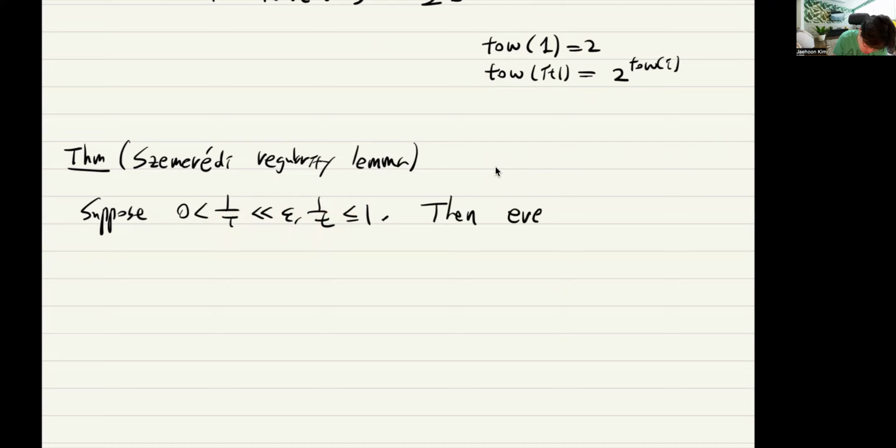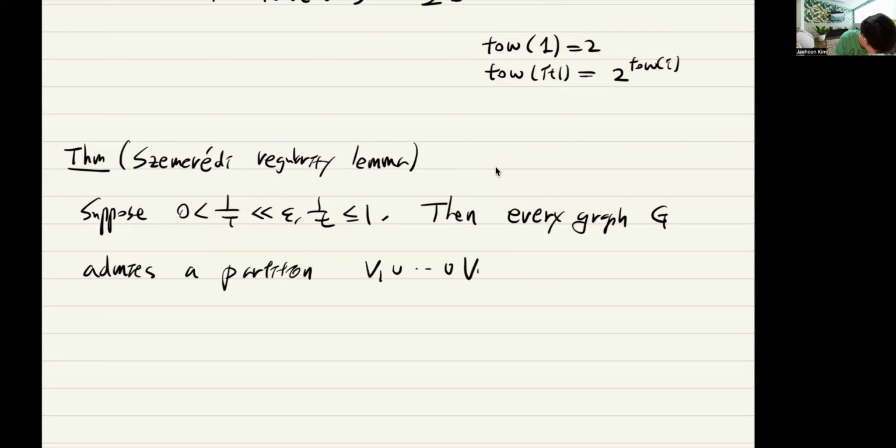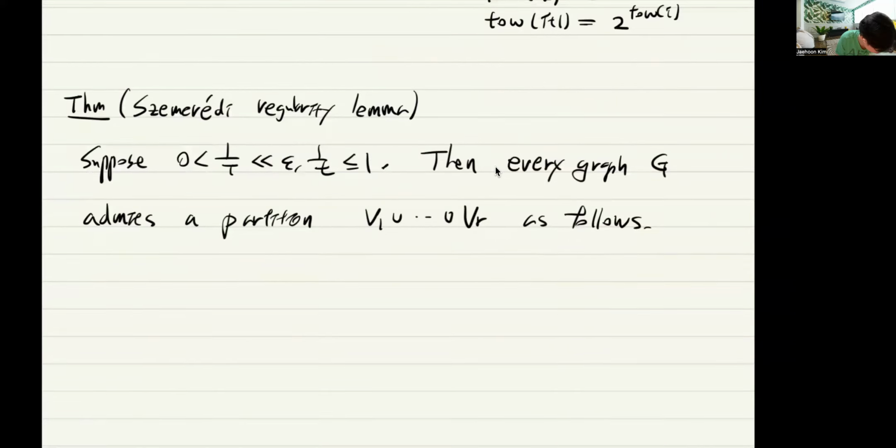Then every graph G admits a partition B1 to BR as follows.